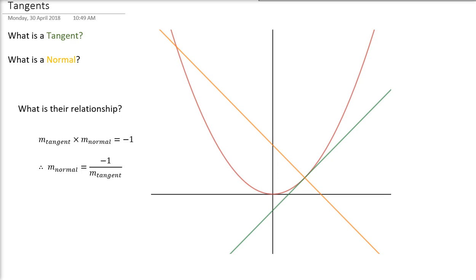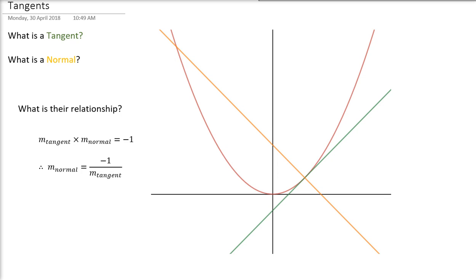Okay, so what's a normal then? Yeah, a perpendicular line to the tangent. So the green one is obviously a tangent and the orange one is your normal. Everyone see that? Okay, the relationship between a tangent and a normal is that their gradients multiply together to give you -1.